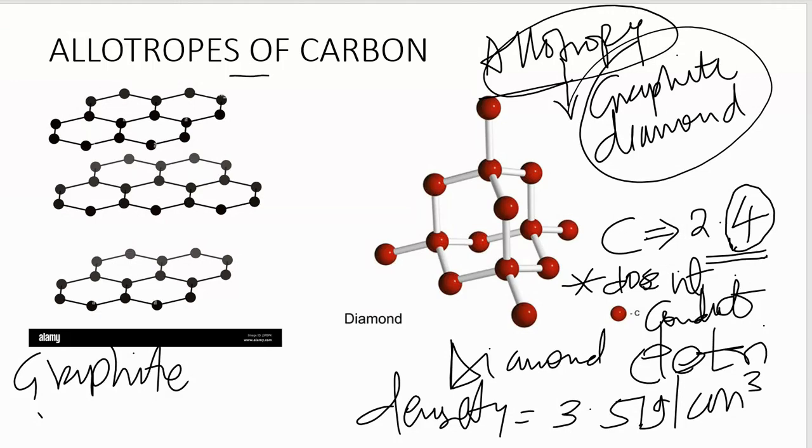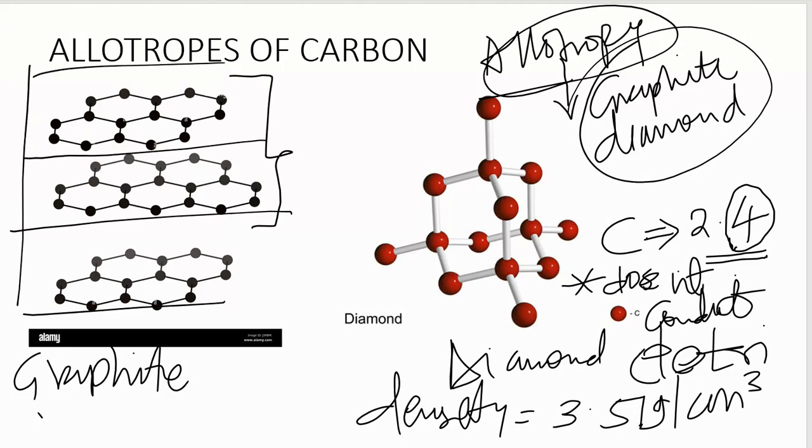As you can see, we have layers which are hexagonal. So graphite is made up of a hexagonal arrangement of carbon atoms bonded together in layers, as I have said.